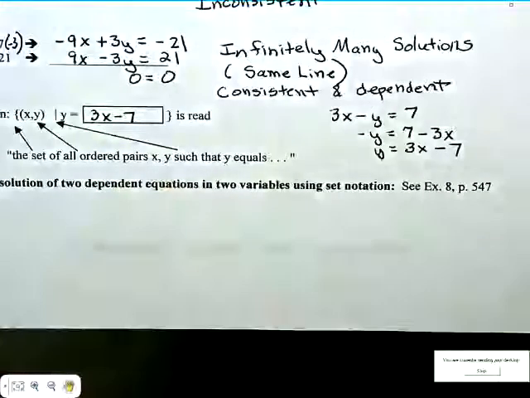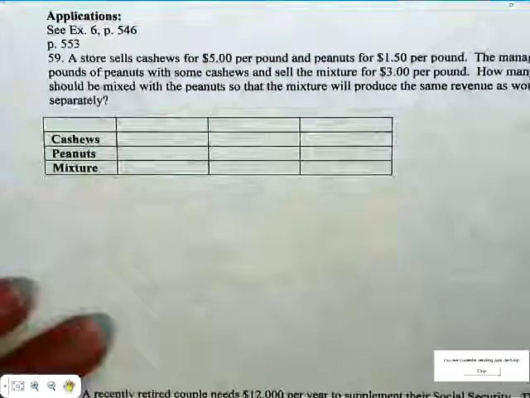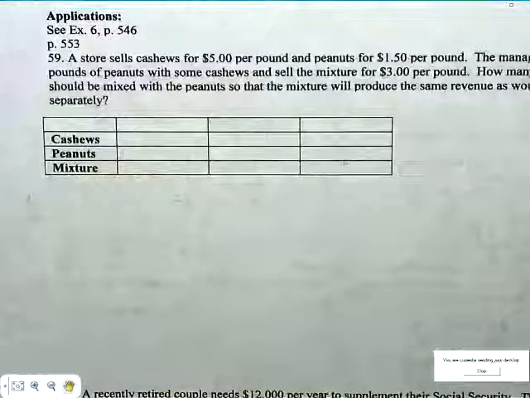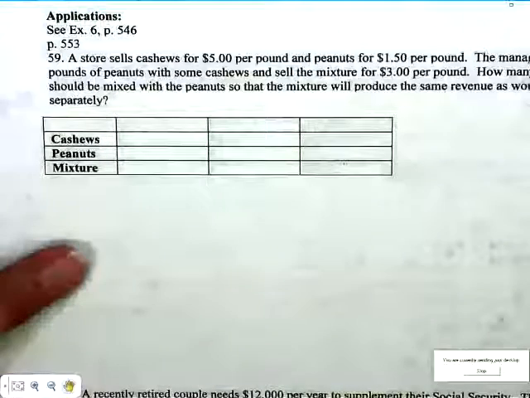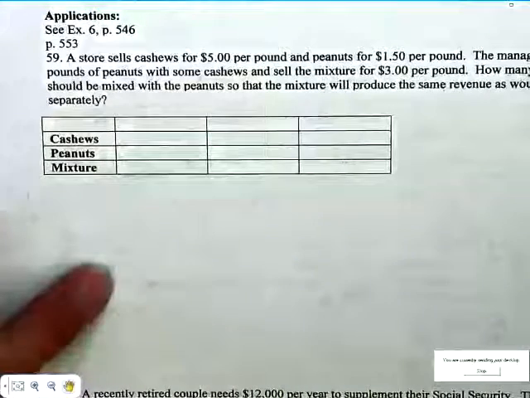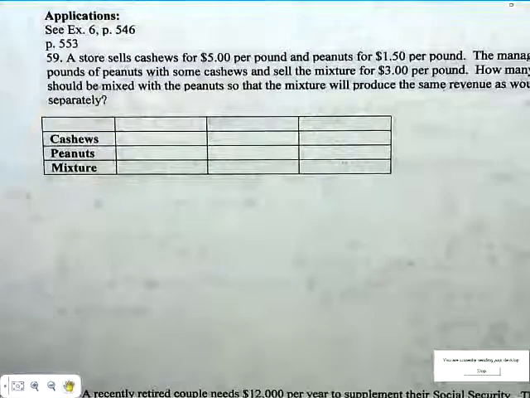All right, we have 5 minutes to do a word problem. Thank goodness I've already drawn the box for you. We are only going to talk about, well, maybe only talk about one kind of word problem.